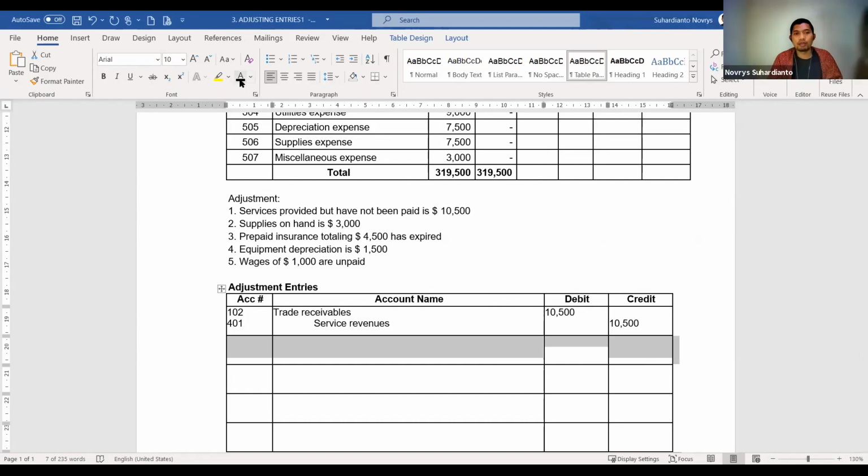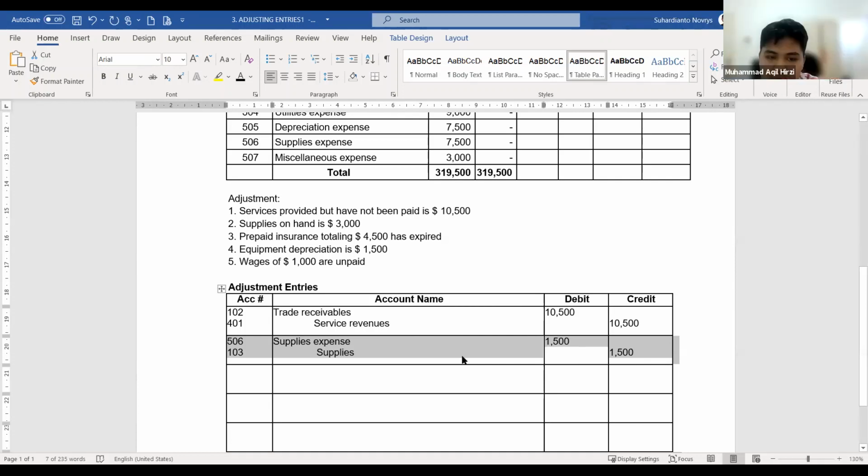Yes, we debit supplies expense because we already consumed the benefit of the supplies, and then we credit supplies because the supplies are now used, now expired.